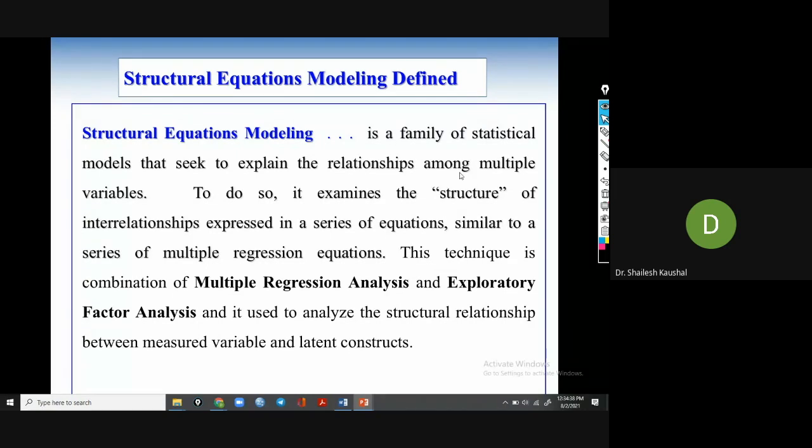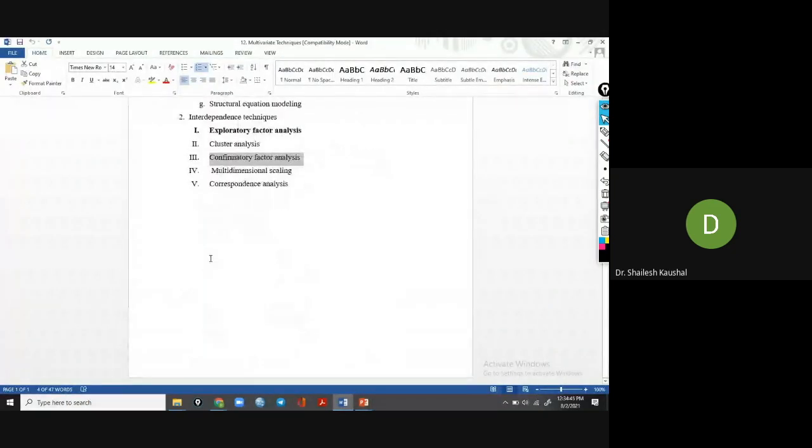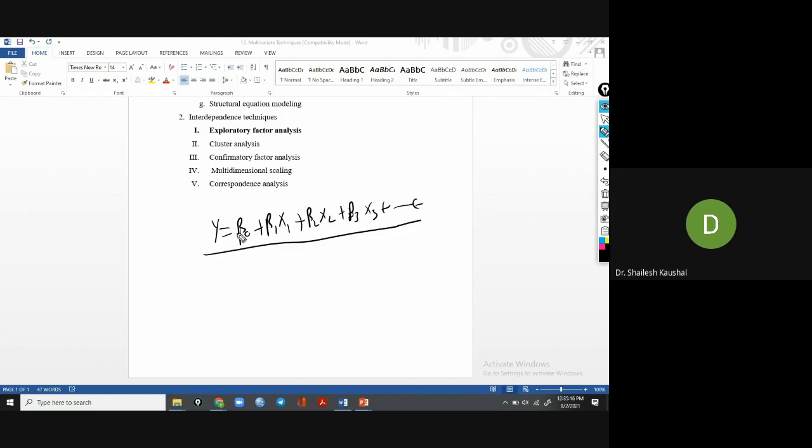In multiple regression analysis, we find the relationship of only one dependent variable with several independent variables: beta 0, beta 1 x1 plus beta 2 x2 plus beta 3 x3, and so on.